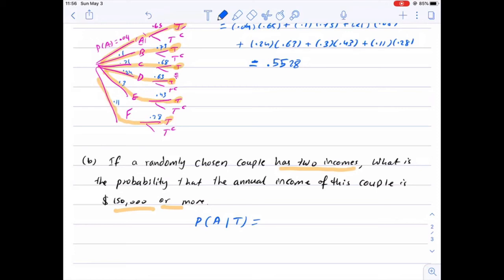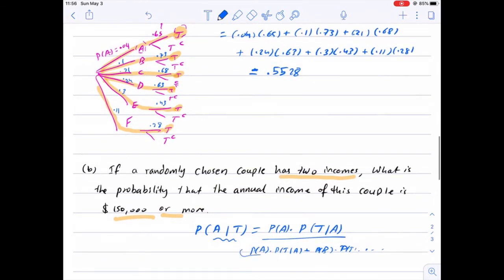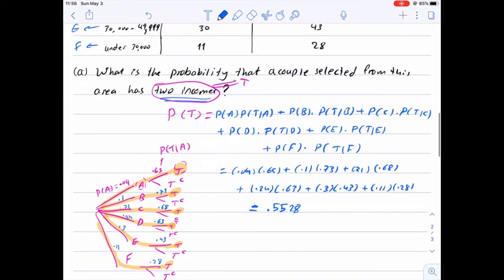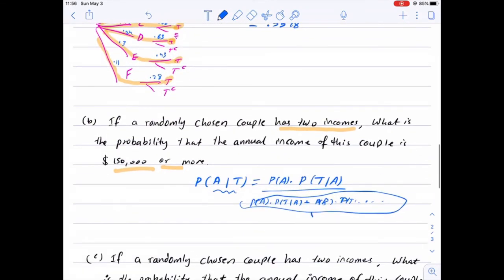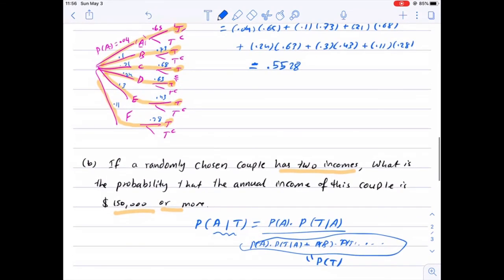So we can apply Bayes theorem. This says probability of A times probability, and then we reverse the order, T given A, over the same thing: probability of A times probability of T given A, plus probability of B times probability of T given B, etc., until we get the last one, which is F. But we call this probability of T, and we already computed this.